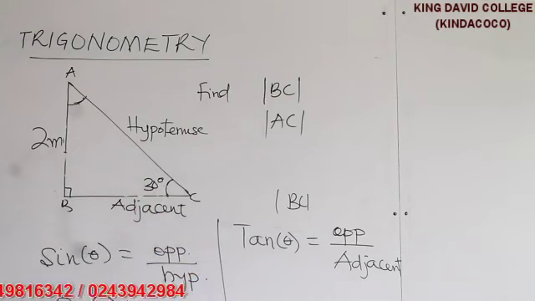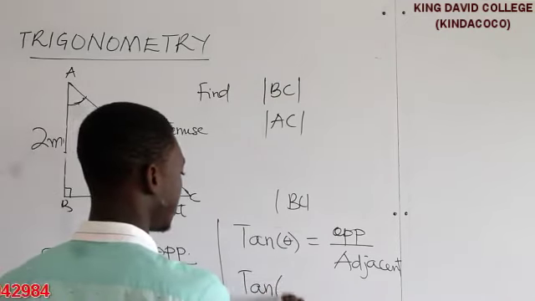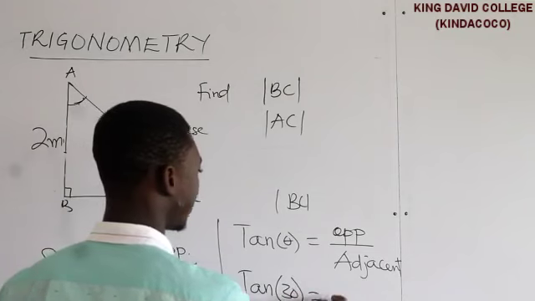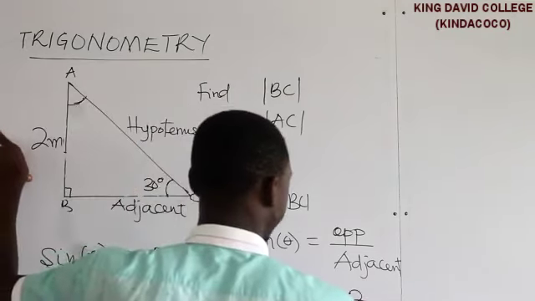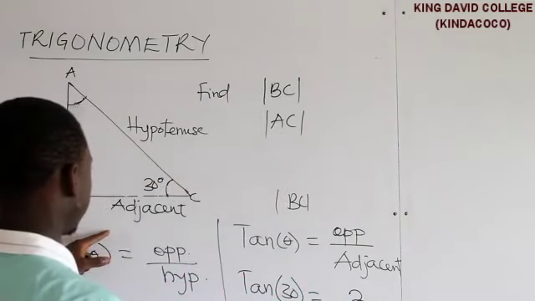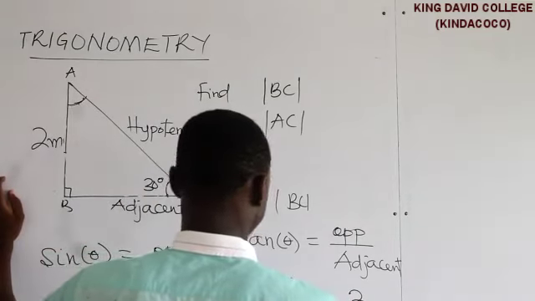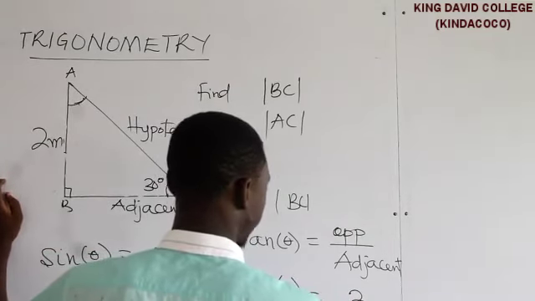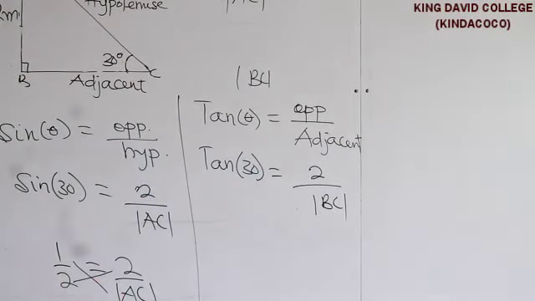The angle is 30, so tan 30 degrees is equal to the opposite, which is 2 meters, over the adjacent, which is unknown. That's going to be line BC.